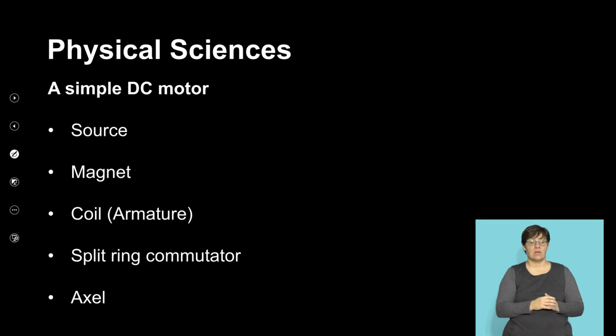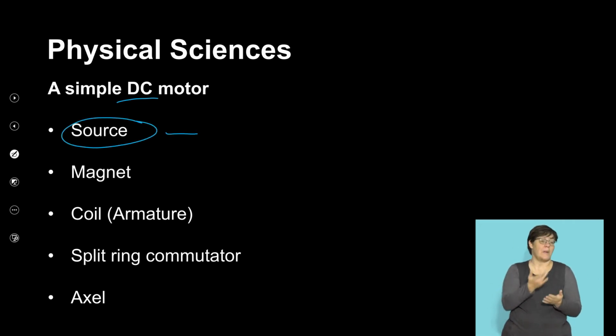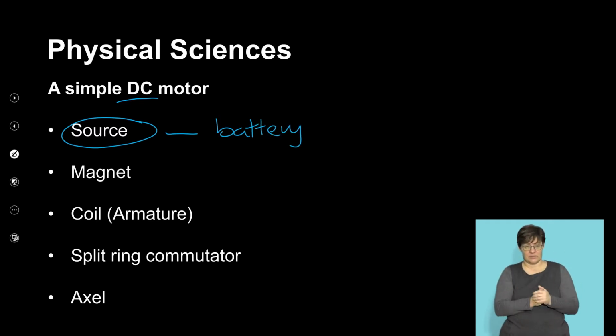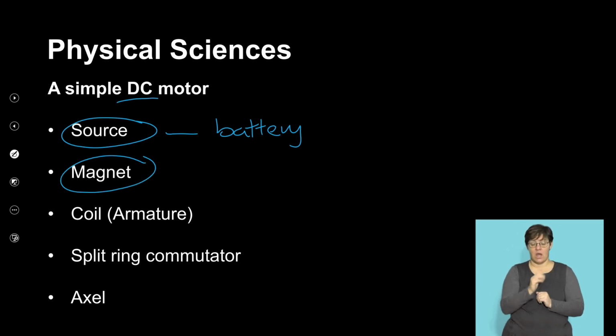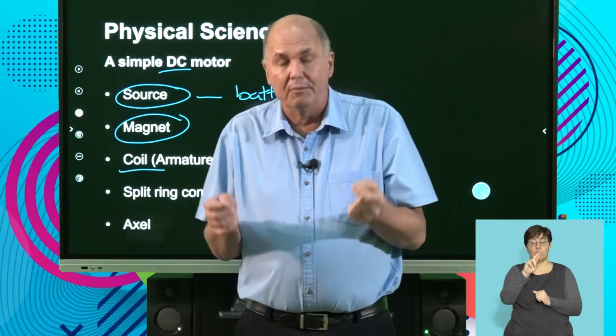So what are the components of a simple DC motor, a direct current motor? Well, you'll need a source. The source could be a battery with a positive end and a negative end, a magnet, a coil. Now, the coil inside the motor is called an armature.